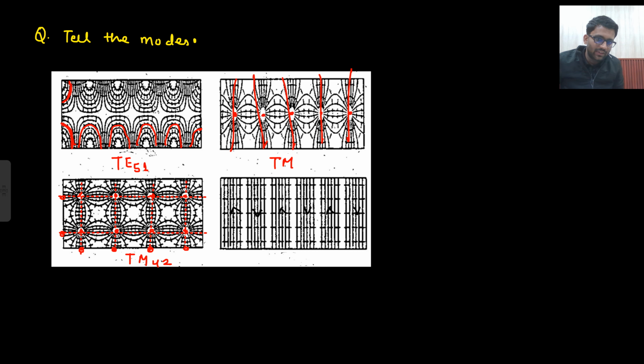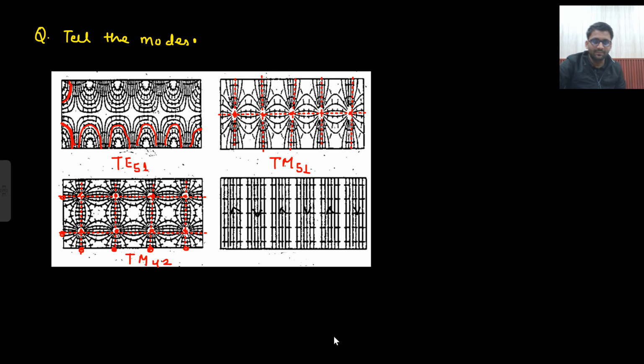So on x-axis it will cut 5 times, and on y-axis it will cut only once. So TM51. I hope you are able to visualize it. 1, 2, 3, 4, 5. So this is 5 times on x-axis and once on y-axis.